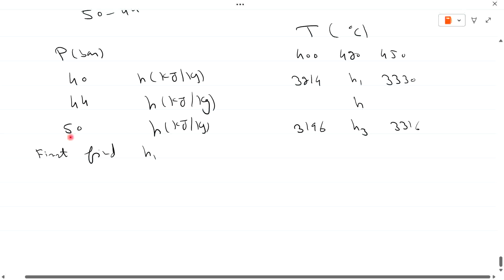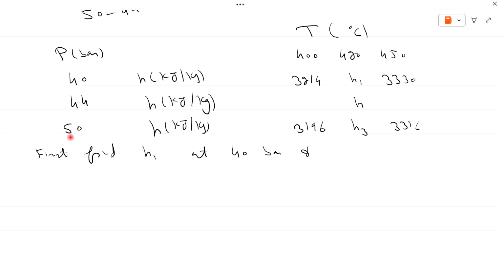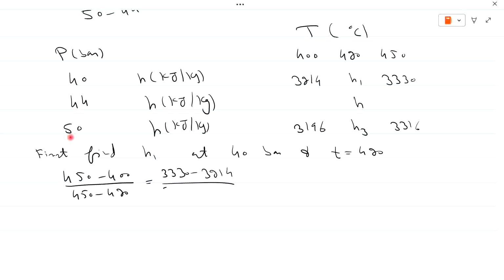H1 at 40 bar and temperature equal to 420. 420 means interpolate between 400 and 450. So (450 minus 400) divided by (450 minus 420) is equal to (3330 minus first, 3214) divided by (third minus second).